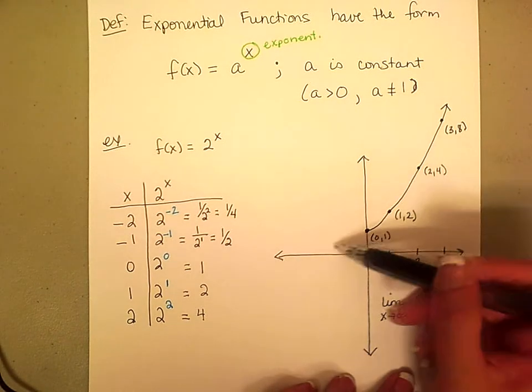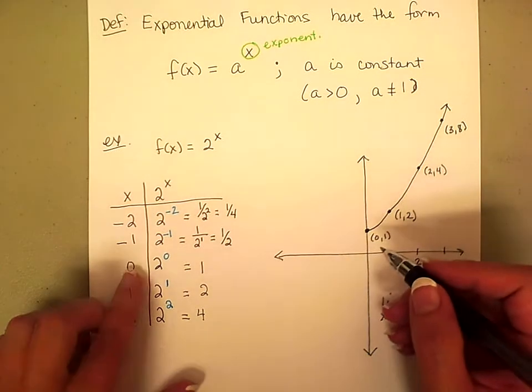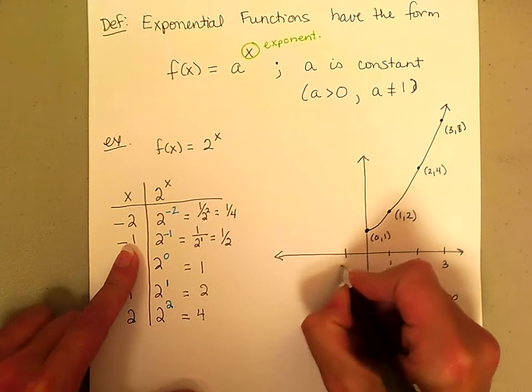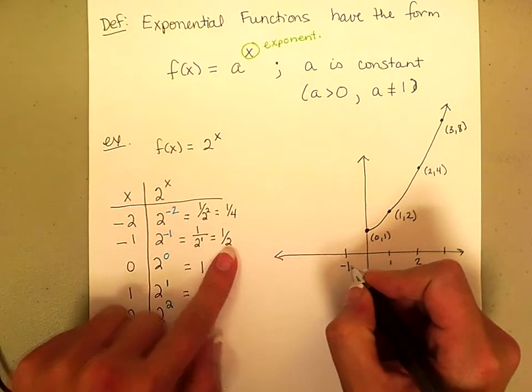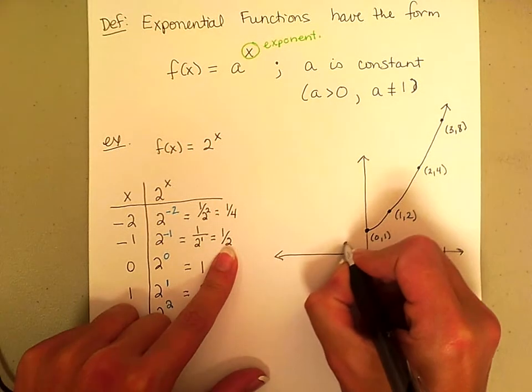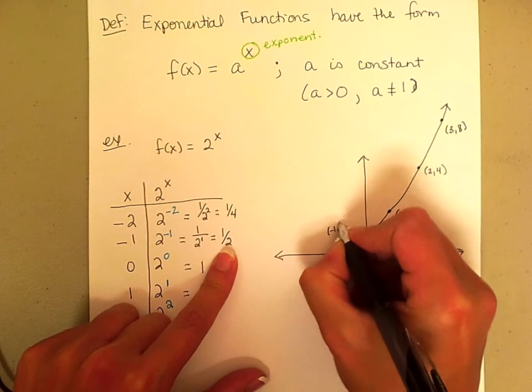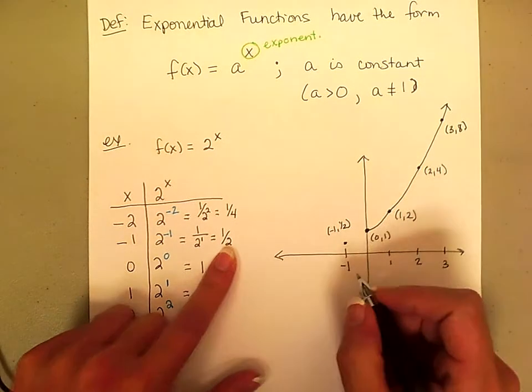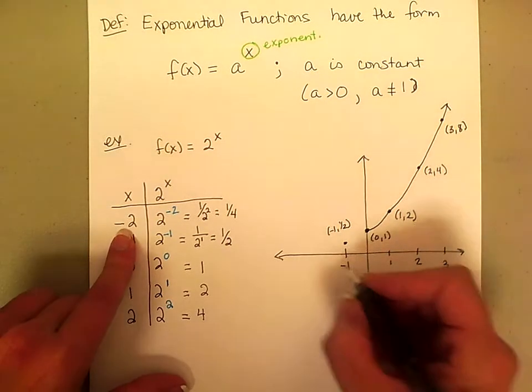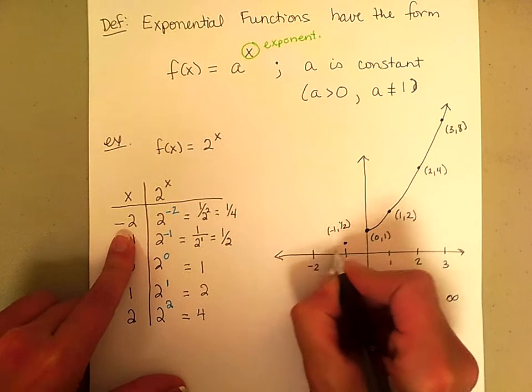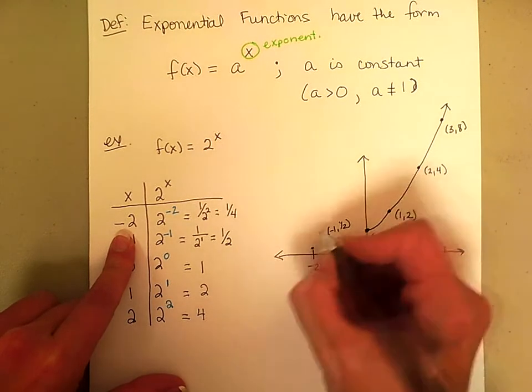Now let's see what happens when x gets less than 0. Okay. When x was negative 1, the graph had a value of a half. When x was negative 2, it became a fourth.